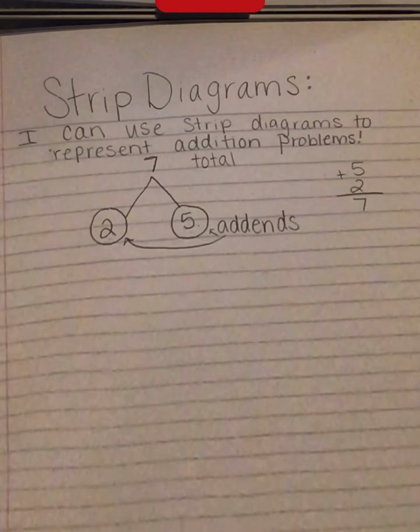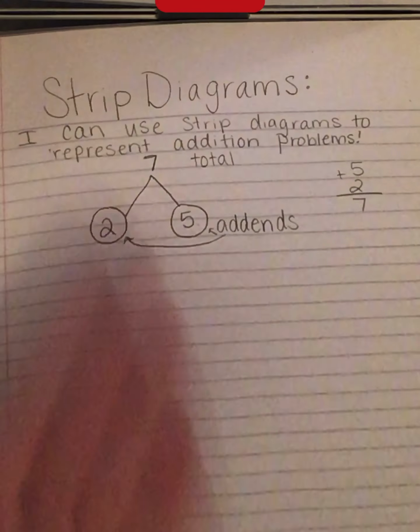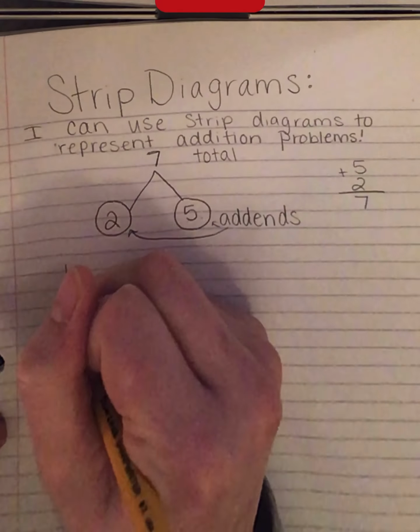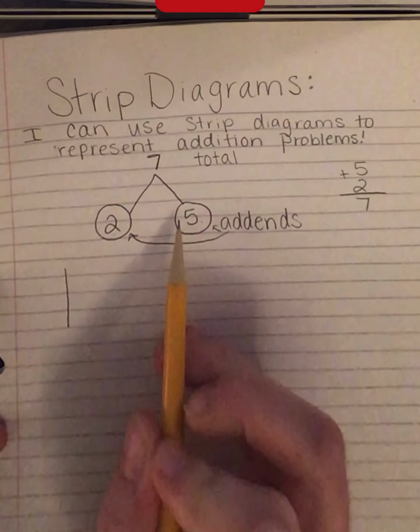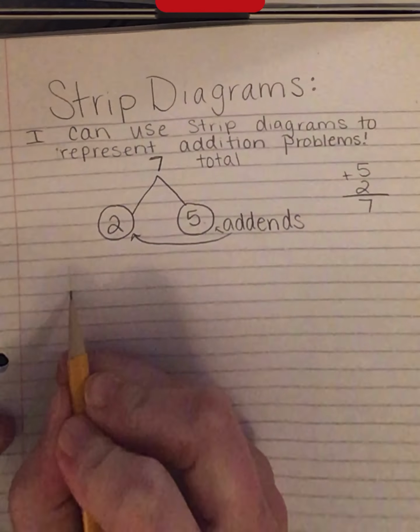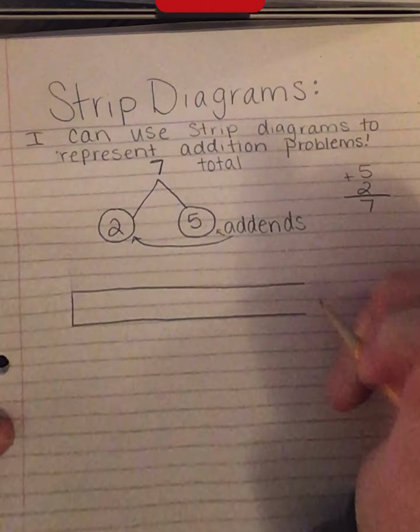We're going to start using tape diagrams or strip diagrams to show the exact same thing as a math mountain. You've seen math mountains before. Now we're going to do the same thing, but instead of having two numbers that go up to a mountain, we are going to have two numbers that are represented in a large rectangle.